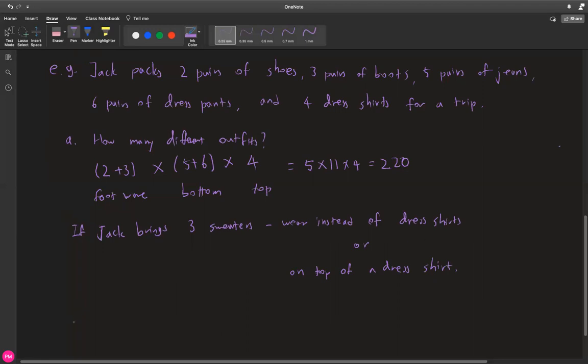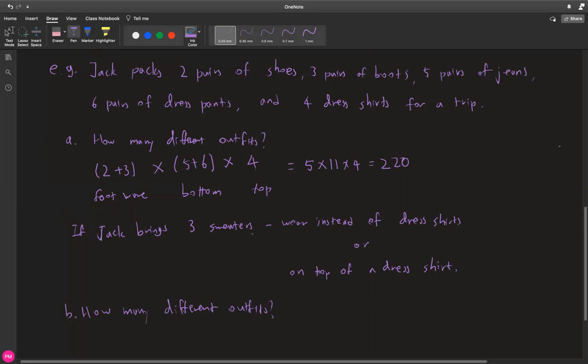So how many different outfits? In this case, Jack now brings another piece of clothing, and he brings 3 sweaters.